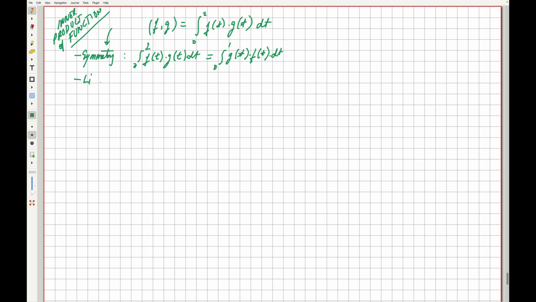Next is linearity, which is to say that the integral of a f1 plus b f2, times g, is equal to a times the integral of f1 g plus b times the integral of f2 g.